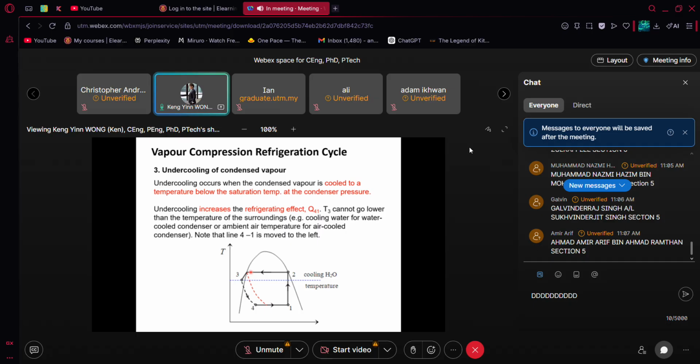But if you perform the undercooling process, then the 4 to 1 drops until here. So now the refrigerating effect increases. Remember, take note: undercooling increases the refrigerating effect. I want you to highlight this, important. Undercooling increases the refrigerating effect. Put it down.